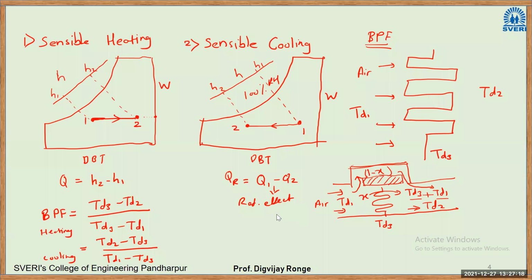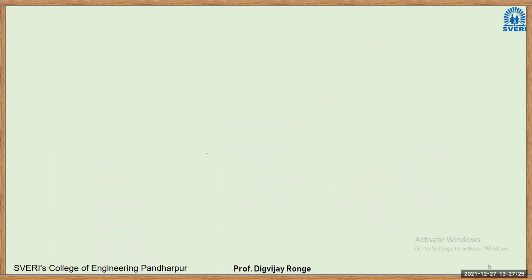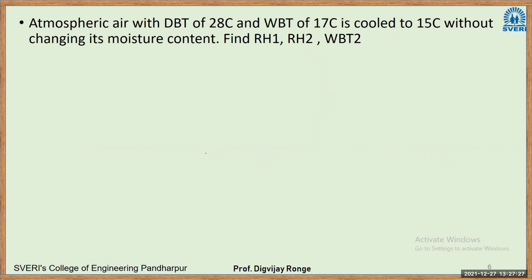Okay, so this was the formula for the bypass factor, which we have seen just now. Now we'll solve a numerical, which is here. I hope it is visible. If not, then I will minimize the screen.